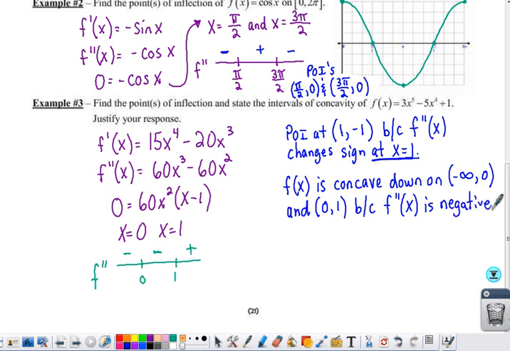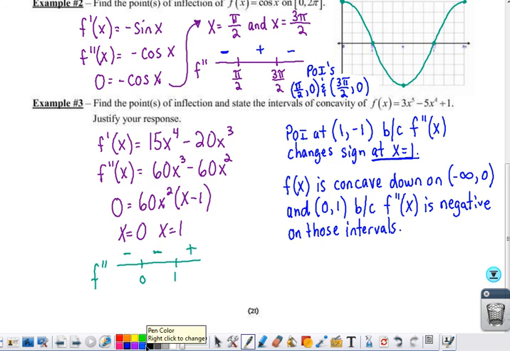And you have to say where on those intervals. So the intervals that you're giving are answering the part where it says state the intervals, and then after because is answering the justify part, and that's why it's important to say on those intervals.